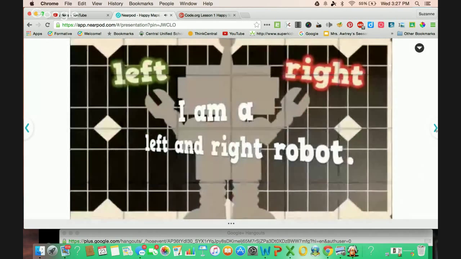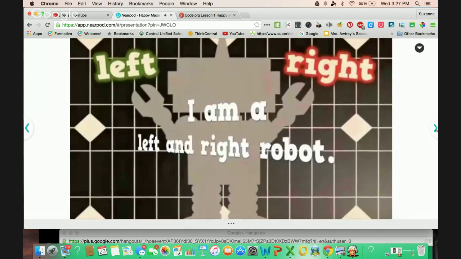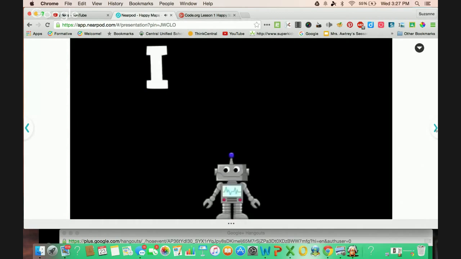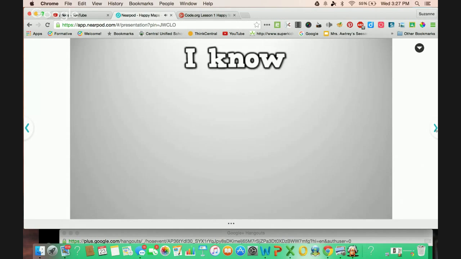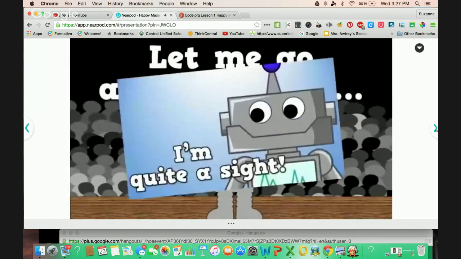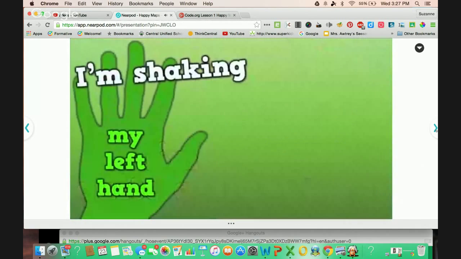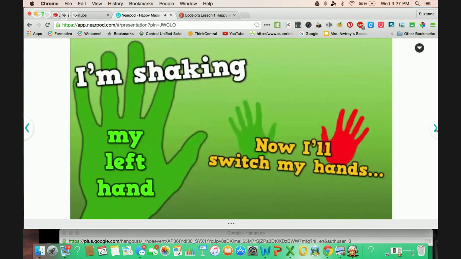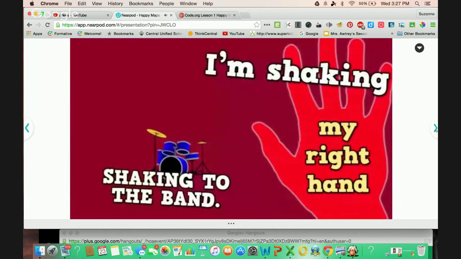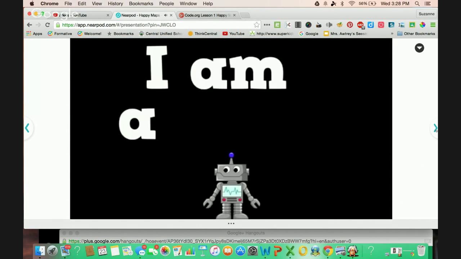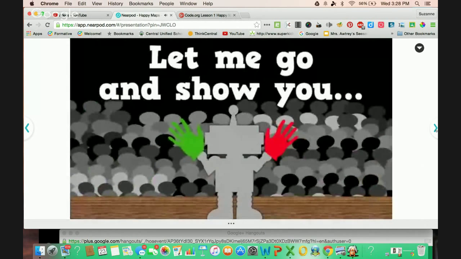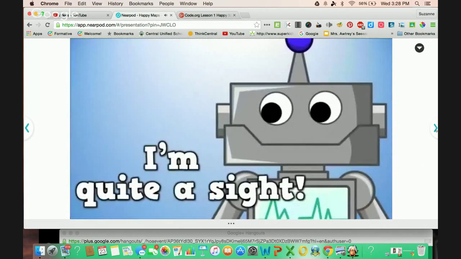I am a left and right robot. I am a robot. I know my left and right. Let me go and show you. I'm quite a sight. I'm shaking my left hand. Now I'll switch my hands. I'm shaking my right hand. Shaking to the band. I am a robot. I know my left and right. Let me go and show you. I'm quite a sight.